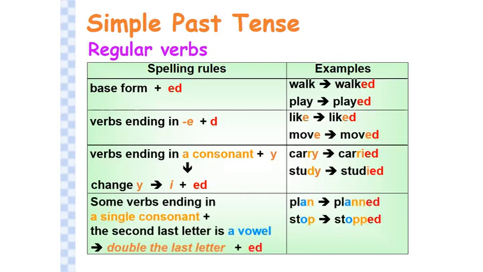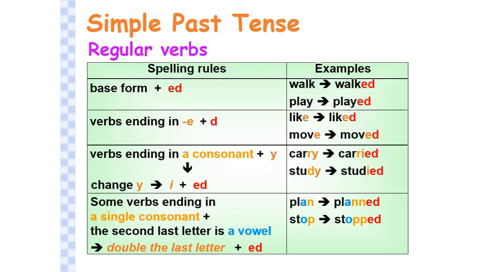Now the third spelling rule is that there are some verbs which end in a single consonant, and the second last letter is a vowel. In that case, we are going to double the last letter and add an ed. An example could be plan. In plan you see we have a consonant at the end, n, and a vowel before n, a.